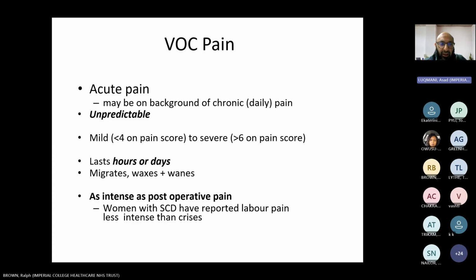Pain due to a sickle cell crisis can last for hours to days, and it is extremely severe and intense pain. It has been described by women with sickle cell disease as being more severe than the pain they experience during labor, and it can be as intense as post-operative pain.